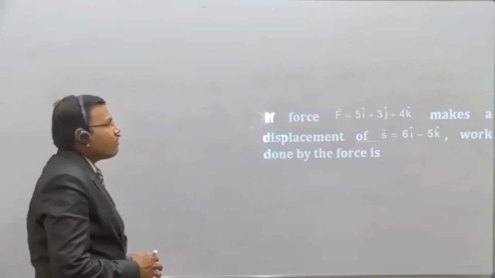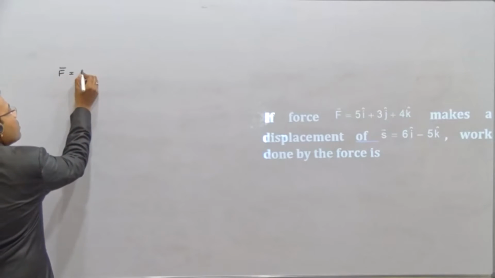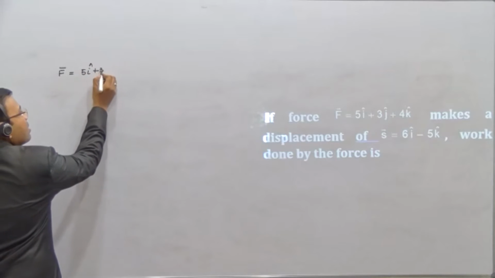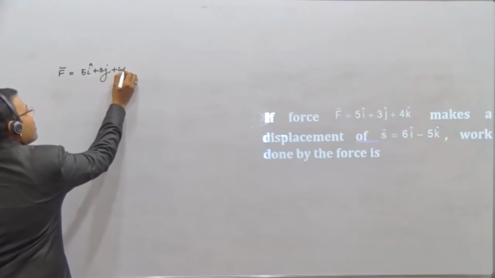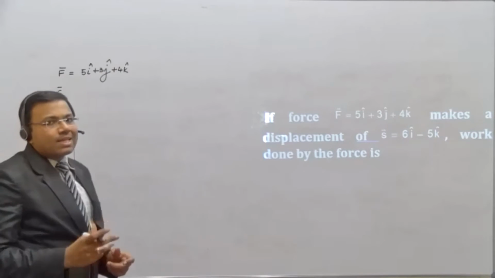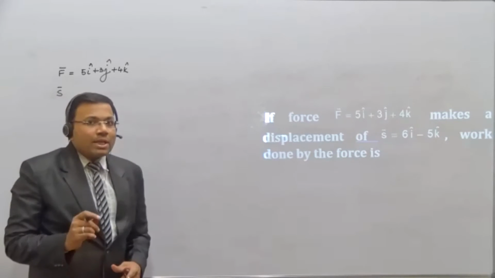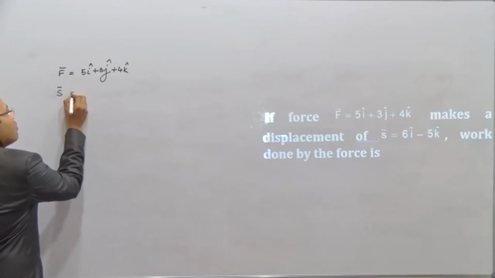So let us see first what is F. This is F bar is equal to 5i plus 3j plus 4k. Try to understand. Next, the very important thing here is S, the displacement. This displacement is 6i minus 5k. So here you have to be careful.